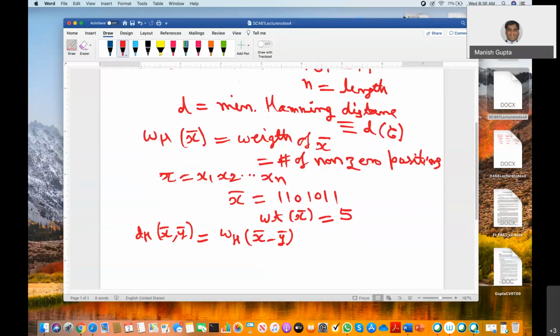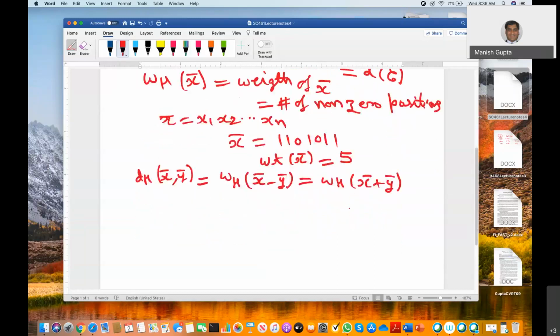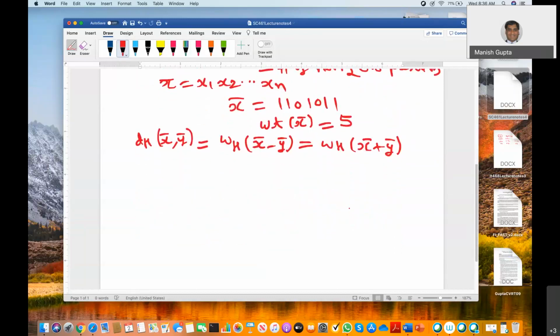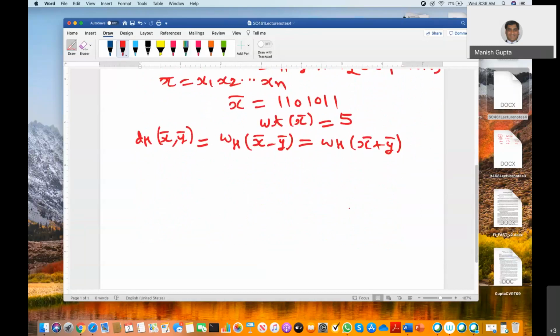Or in fact, in case of binary, this is the weight of x plus y. This is true for linear codes, when the code is linear, meaning it's a subspace. But anyway, this is a very basic thing. Now let me give you some examples.